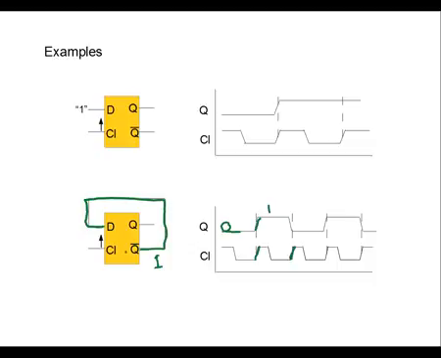That means that Q bar is 0. D is 0. So what happens? We transition to 0. So every time the clock transitions from low to high, because we're feeding back to D the opposite state of the flip-flop, it keeps on changing states back and forth. So this is an example of another circuit.